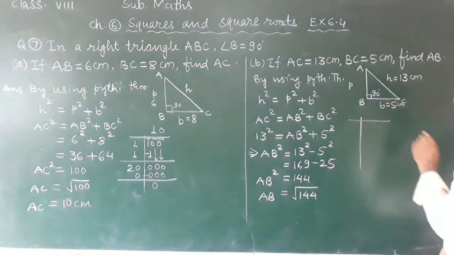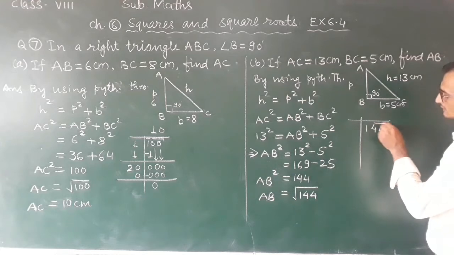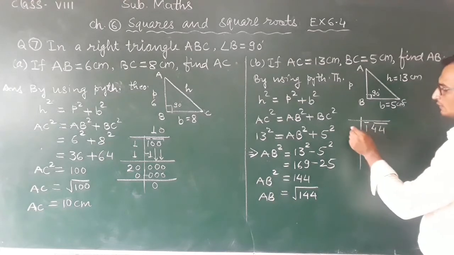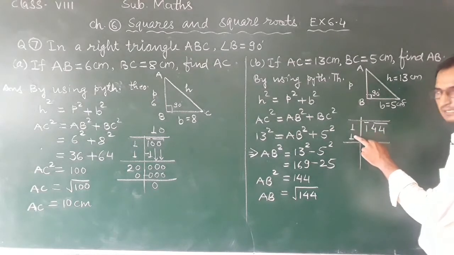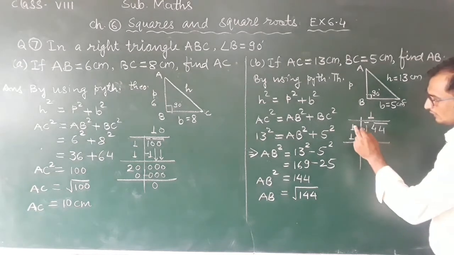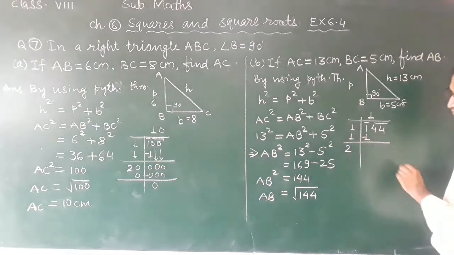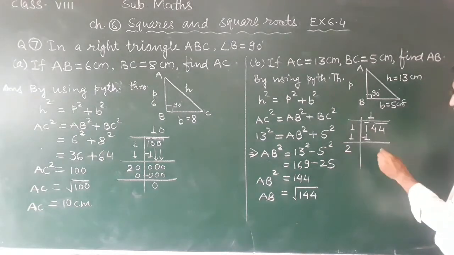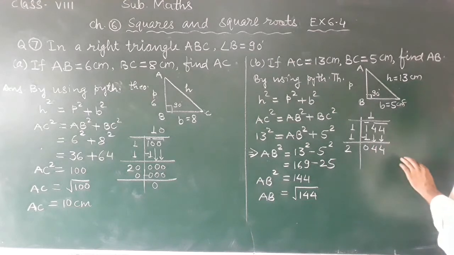So by using the division method, 144, this is the first pair, second pair, and you know very well square of 1 is equal to this number, so we write 1 and 1, and 1 into 1 subtract, and 1 plus 1 is 2. Now remainder will be 0 on subtracting 1 minus 1, and now write below the next pair 4 and 4, 44.